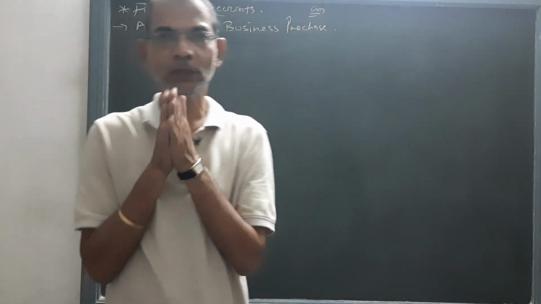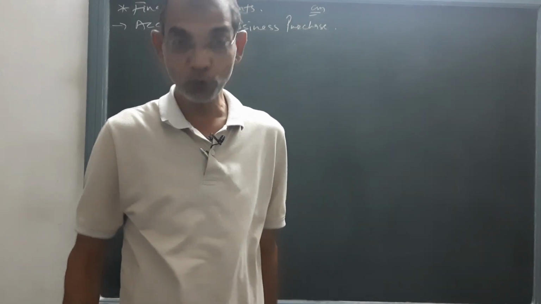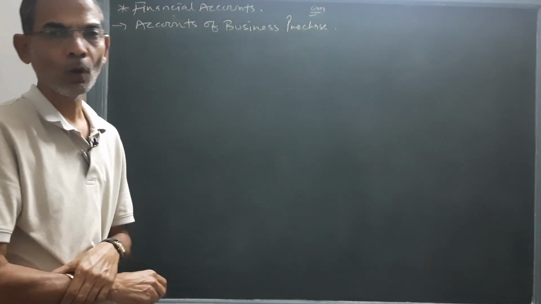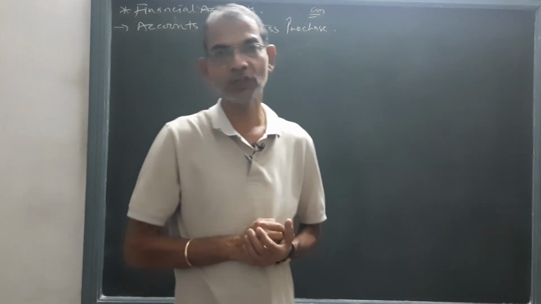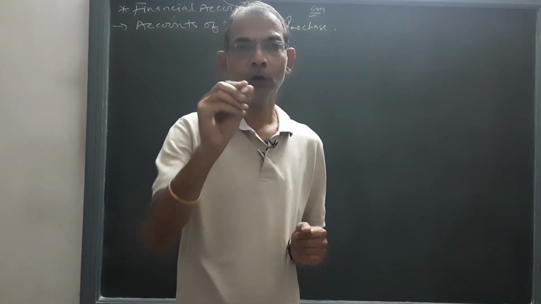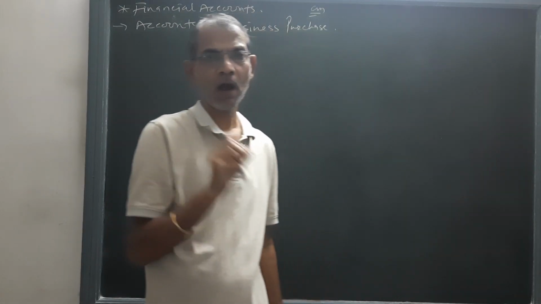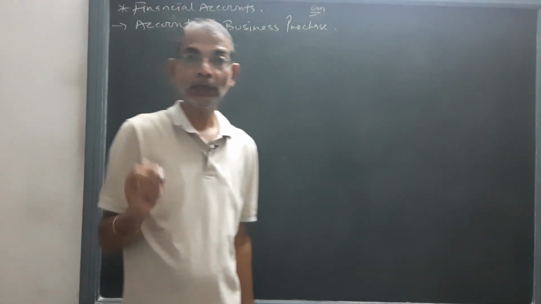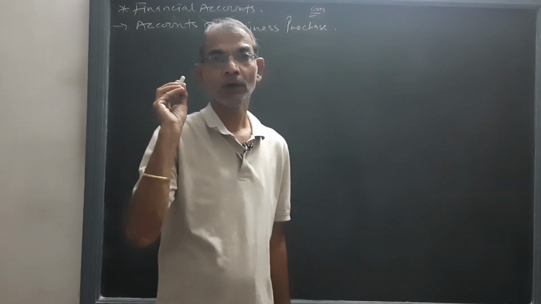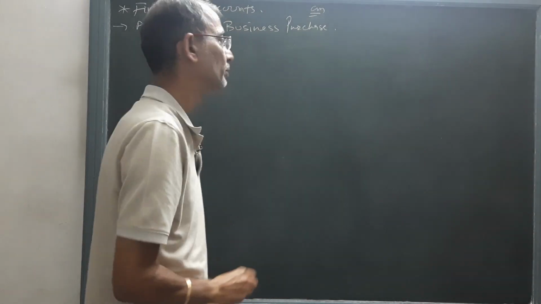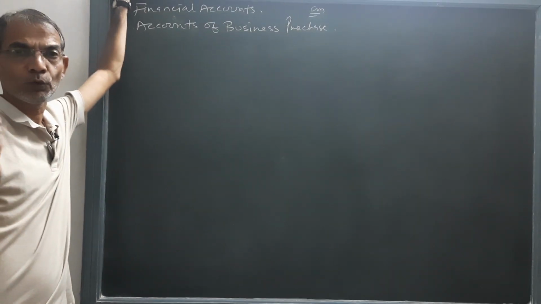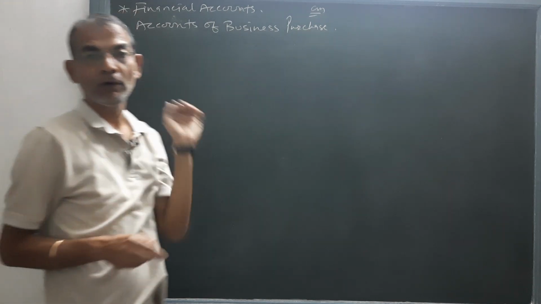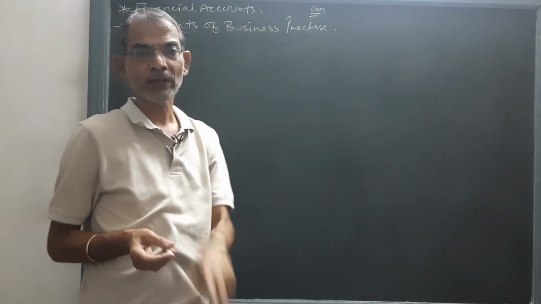Today in this lecture we are going to start a new chapter in financial accounts of business purchase. In this chapter we will learn how a company purchases a firm. Whenever a company decides to purchase a firm, there are two ways to purchase.